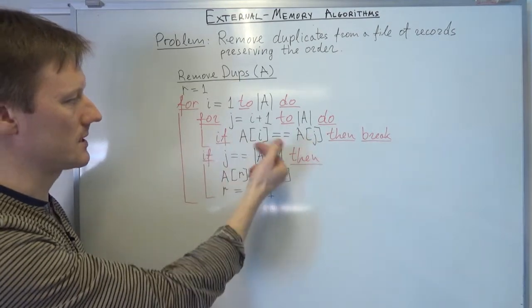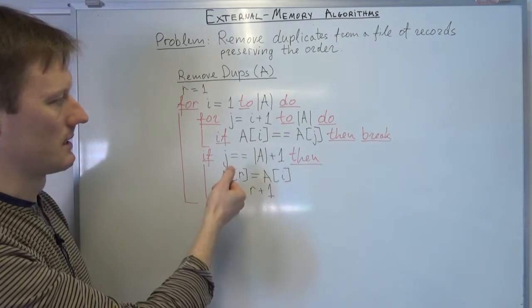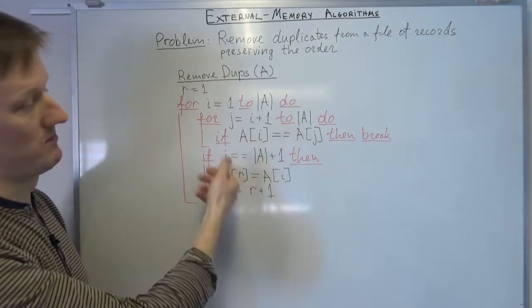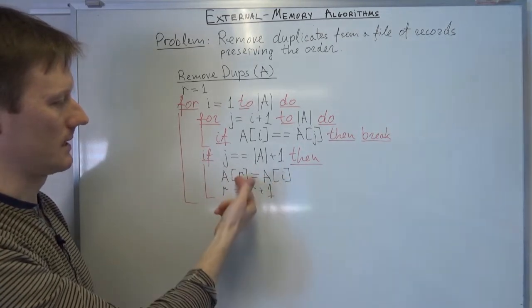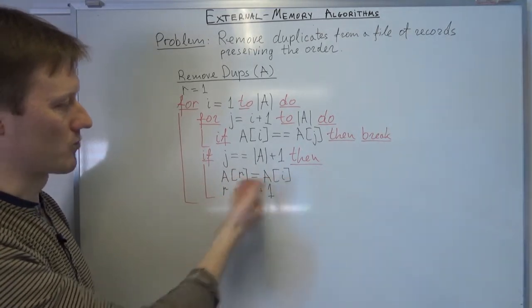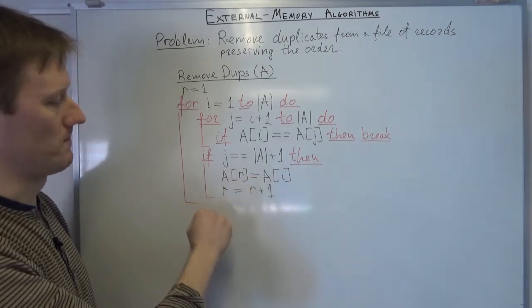If you do not see any element a[j] ahead of a[i] in the array that is equal to it, then you keep it by assigning it to the output sequence. And here I build the output sequence at the beginning of the same array.